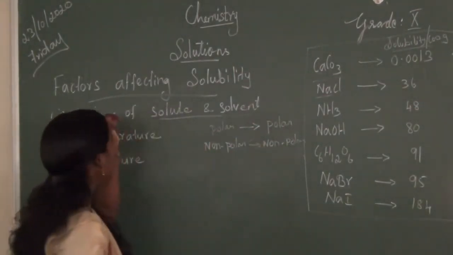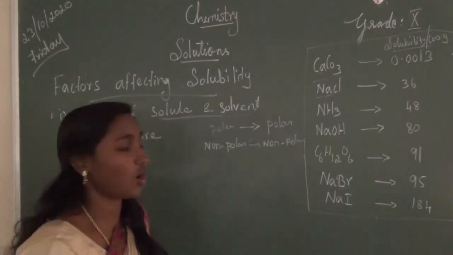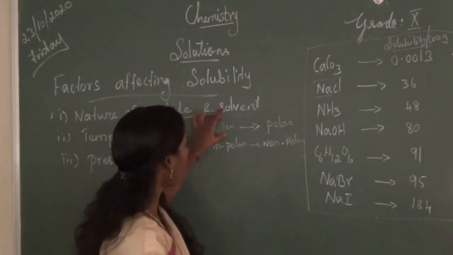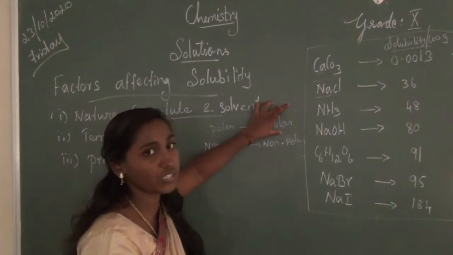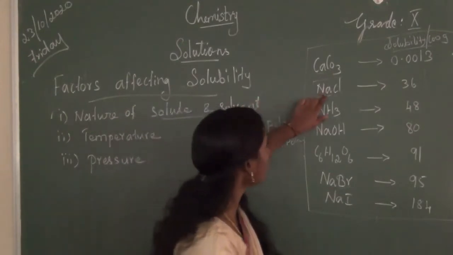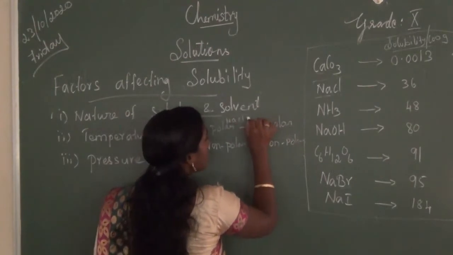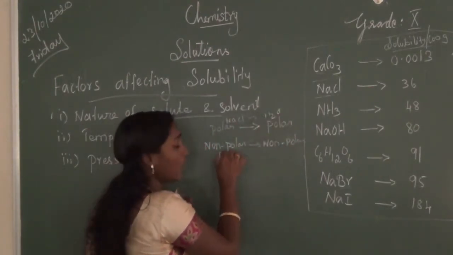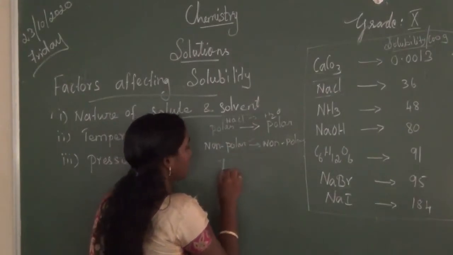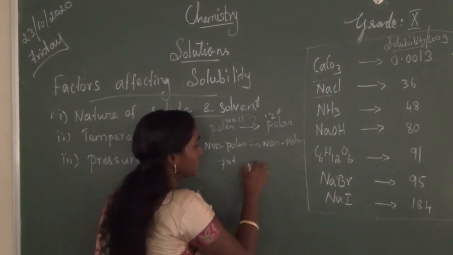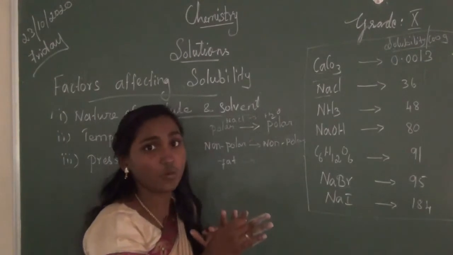This is the nature of solute and solvent. Polar compounds dissolve in polar solvent. The example is sodium chloride dissolving in water. For non-polar solute and non-polar solvent, the example is fat. Fat does not dissolve in water, right?